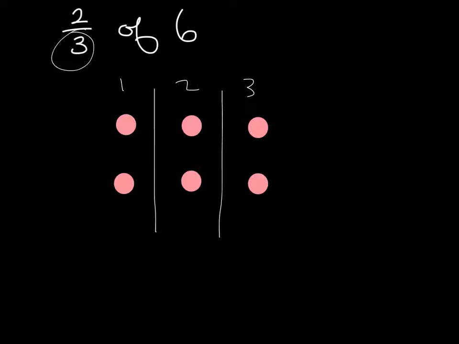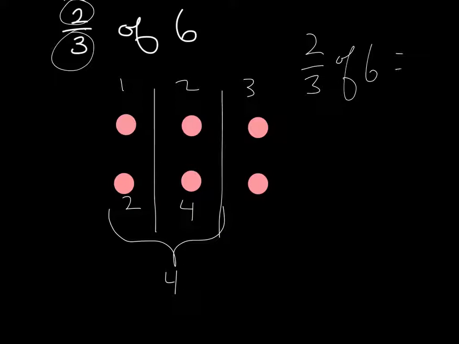But since now my numerator says that I want 2/3, that means that I'm going to look at the number of circles in 2 groups. And I've got 2 in the first group, 2 in the second group, to make a total of 4. So that means that 2/3 of 6 equals 4.